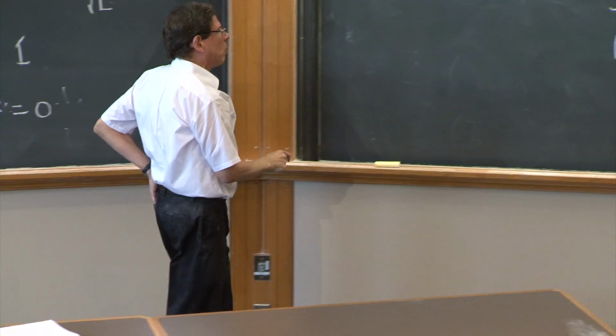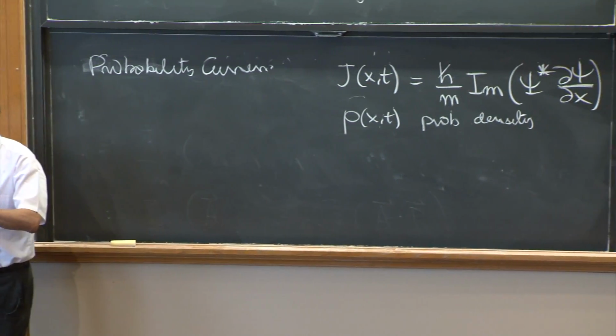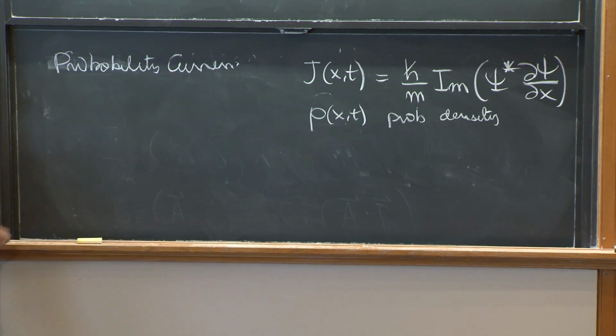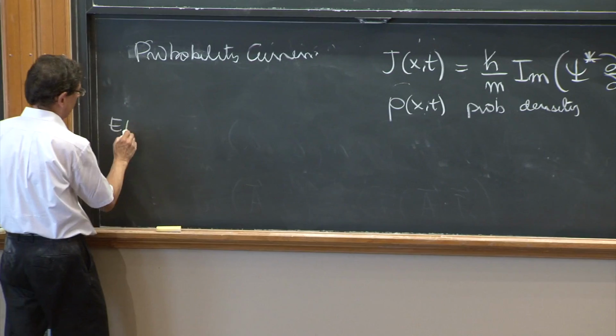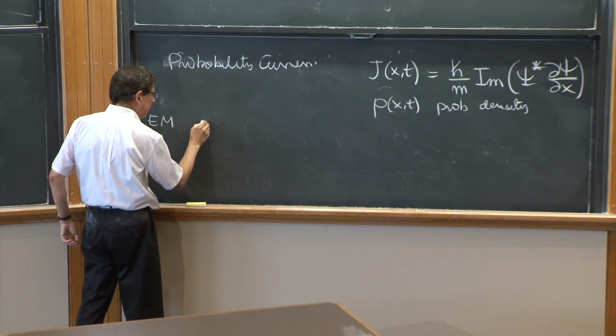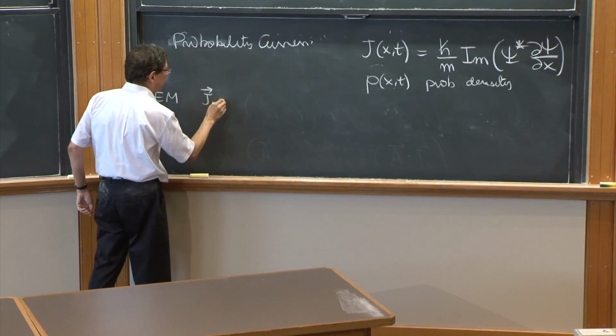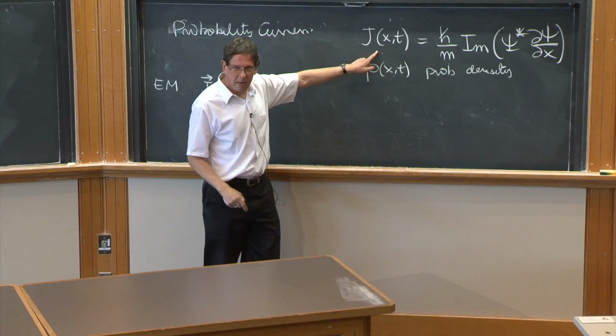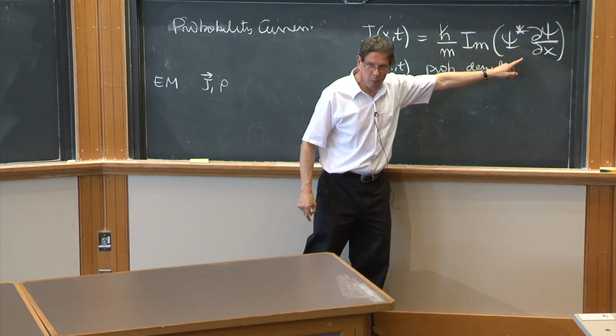Let's think a second what this means. In electromagnetism, you have currents and charge density. So in E and M, you have a current that is a vector and a charge density. Now, this current could also be a vector if you're working in more than one dimension.